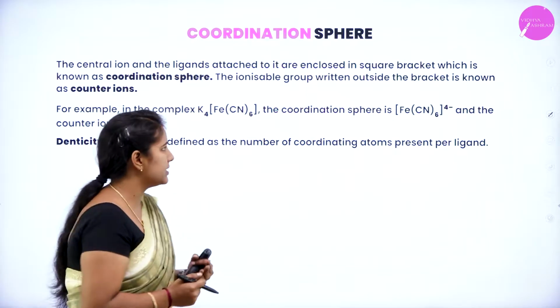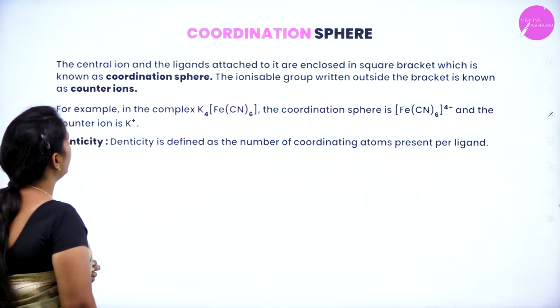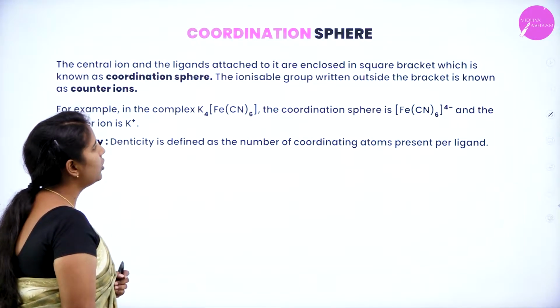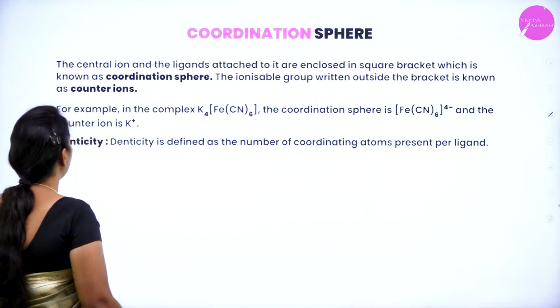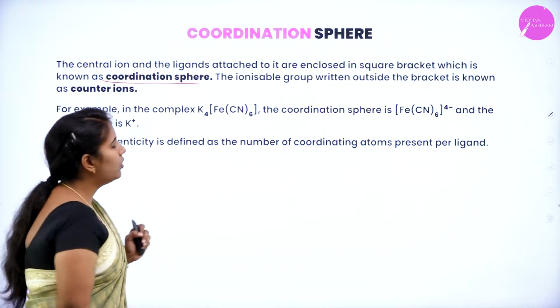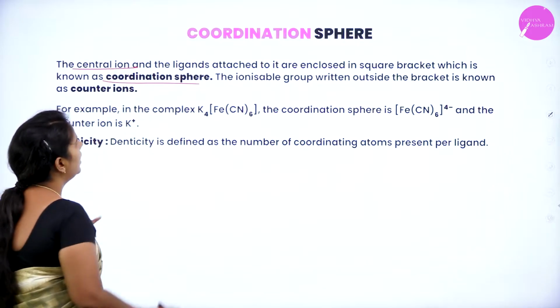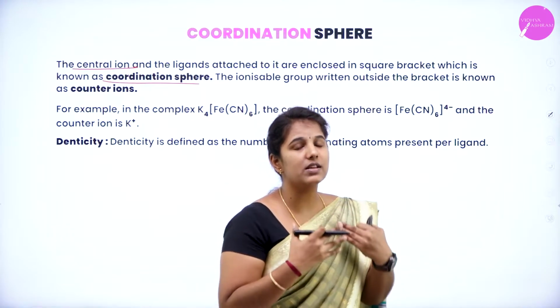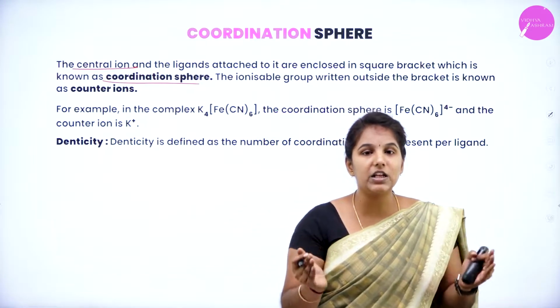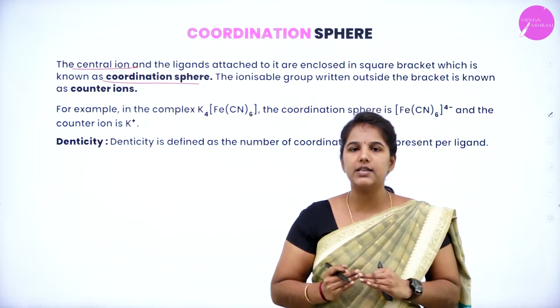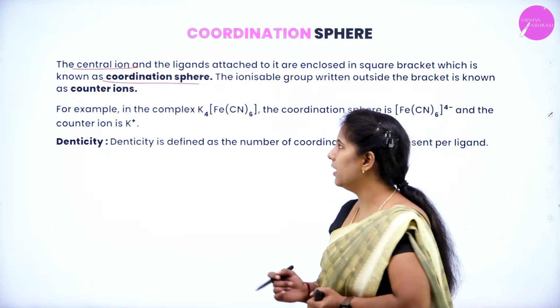The central metal ion and the ligands attached to it are enclosed in a square bracket, which is known as the coordination sphere. So it includes the central ion as well as the ligands. That bracket itself we call a coordination sphere.